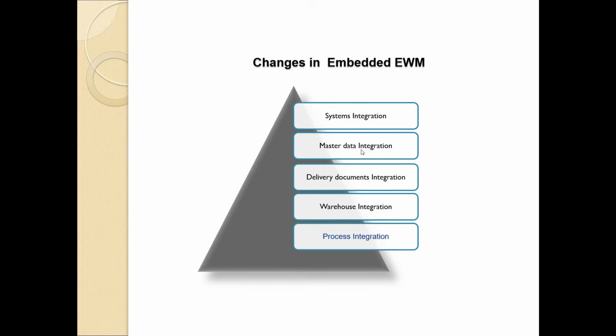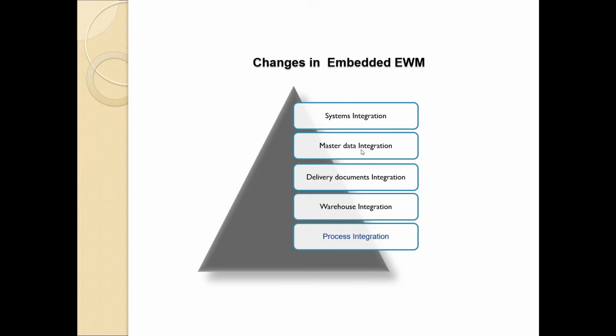Okay. At the same time, when we are talking about the S4 systems, now we have a concept called business partners. This concept was initially in the EWM systems, and now it has been brought back to S4 systems also, guys, because the customers and the vendors, whatever we create in the ERP systems, we used to transfer to the EWM, and we used to call them business partners in the decentralized versions.